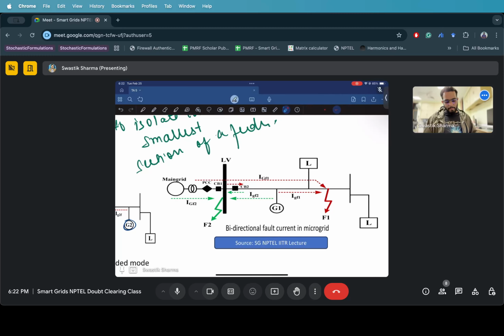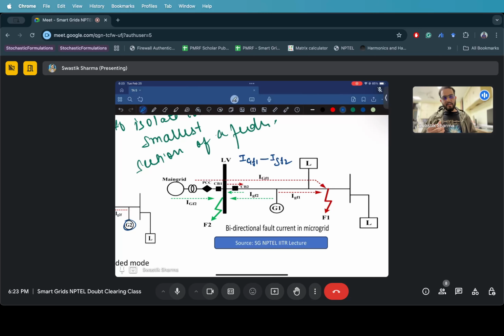Now circuit breaker 2 here will experience a vector addition, or rather an algebraic subtraction of both of these. So it will experience IGF1 minus small IGF2, right?